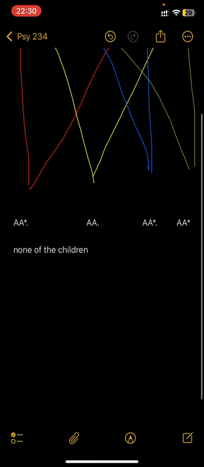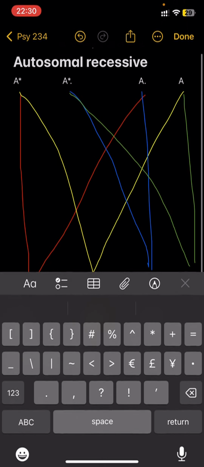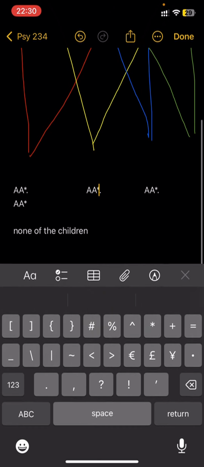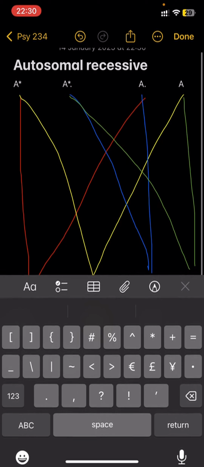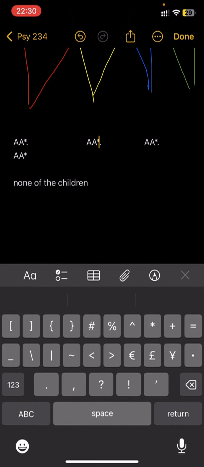Then this two is also going to be A star. Then for the blue, it's almost going to be the same thing. So it's more of actually the same thing now.